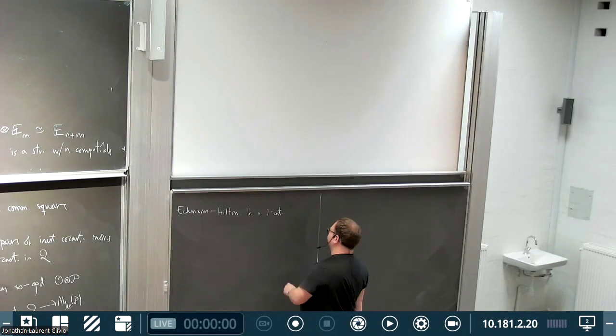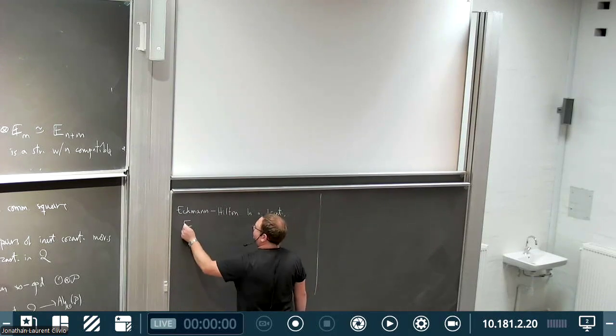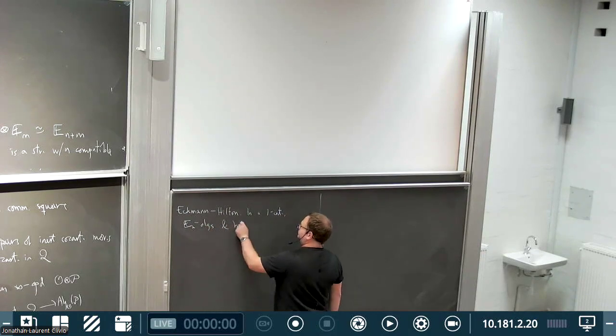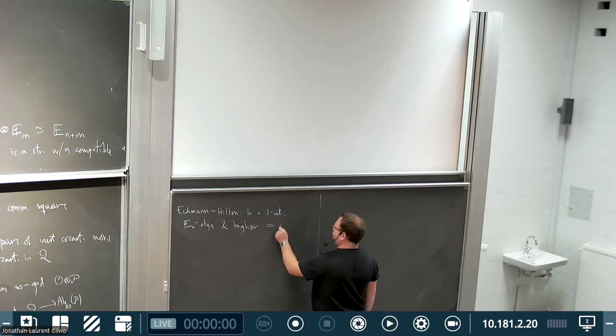So basically, in a 1-category, E_2 algebras and higher are the same thing as commutative algebras.